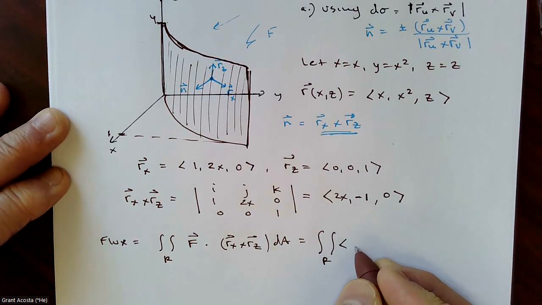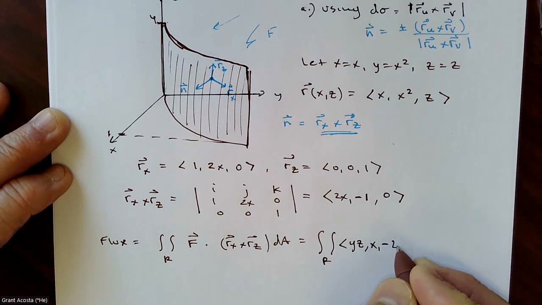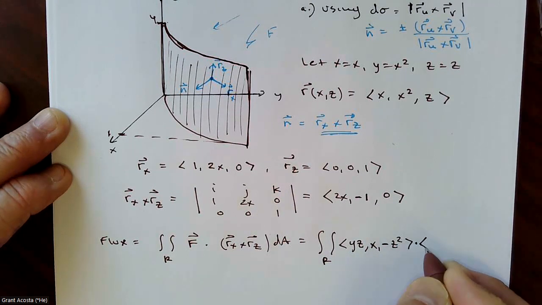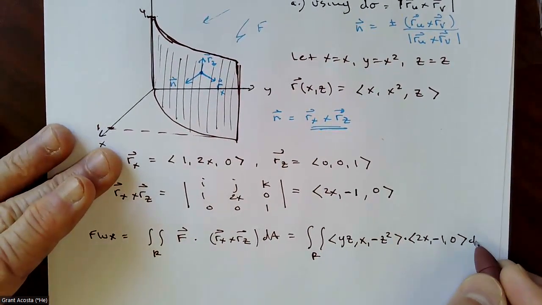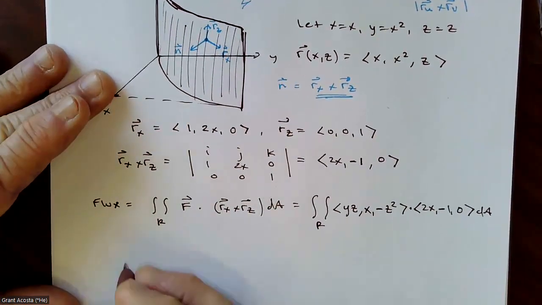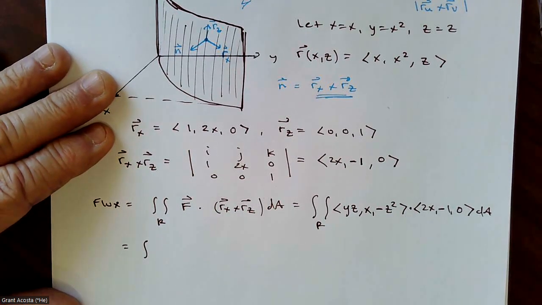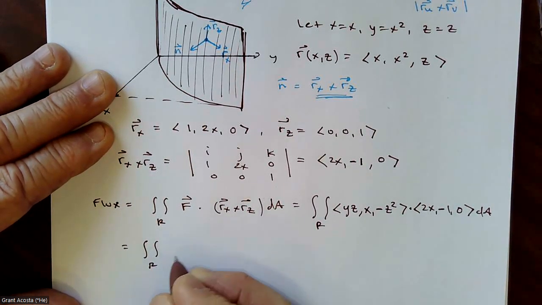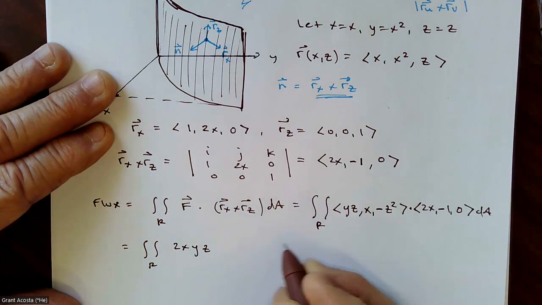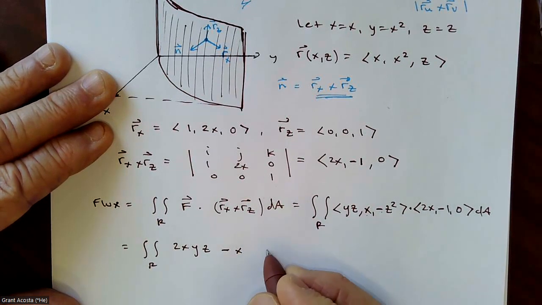So that's going to be F, way up at the top was y, z, x, negative z squared, dotted with 2x, negative 1, 0. So I get 2xyz minus x. And then for the z, I get 0.